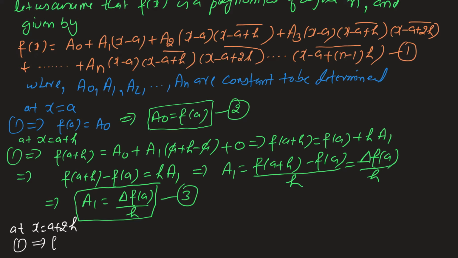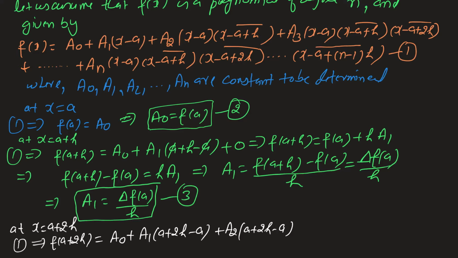So you could directly write f(a+2h) is equal to a0 plus a1 (a+2h minus a) plus a2 (a+2h minus a)(a+2h minus a minus h), and the rest, due to this one it will become 0, and due to this one it will become 0, so the rest is 0. So here we have substituted a+2h, and minus a, minus a minus h, we will open.